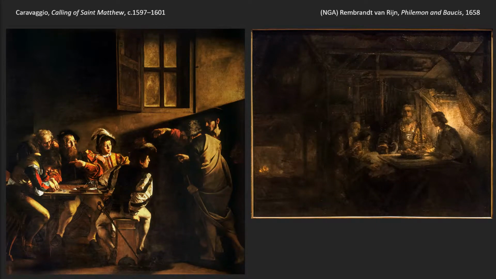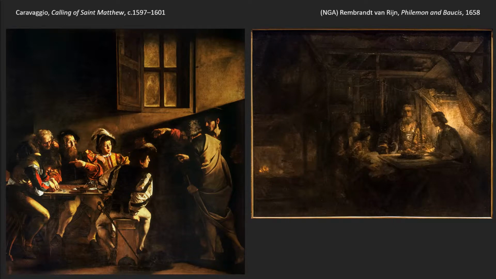He might have seen one Caravaggio on sale in Amsterdam, but he never visited Rome. In fact, a friend of his, very well placed in Dutch society, suggested that he should travel to Rome, and he said there's no reason. I can see all the great art here in Amsterdam, either on display in collections or up for sale, right? There's no reason I need to really travel to see great Italian art.